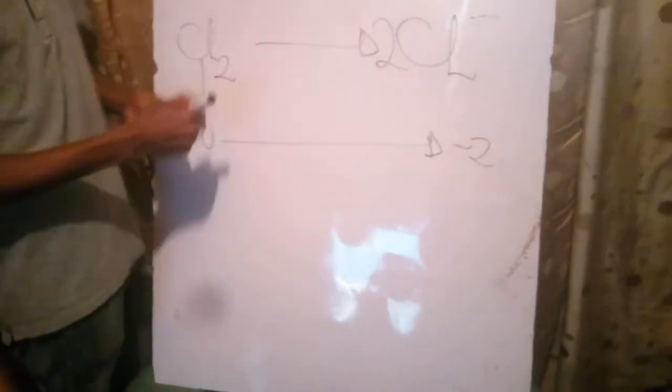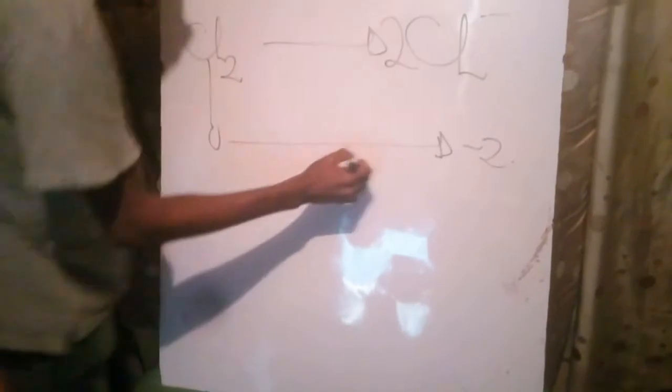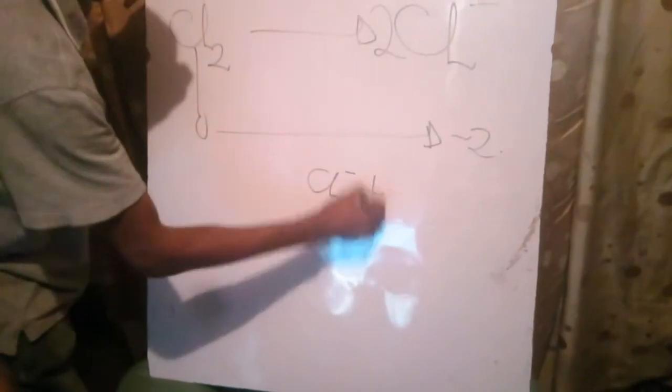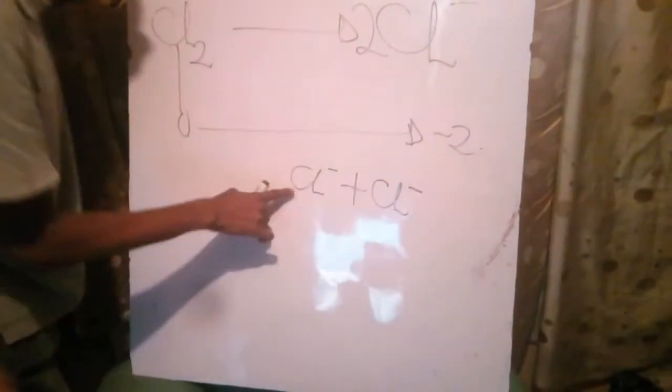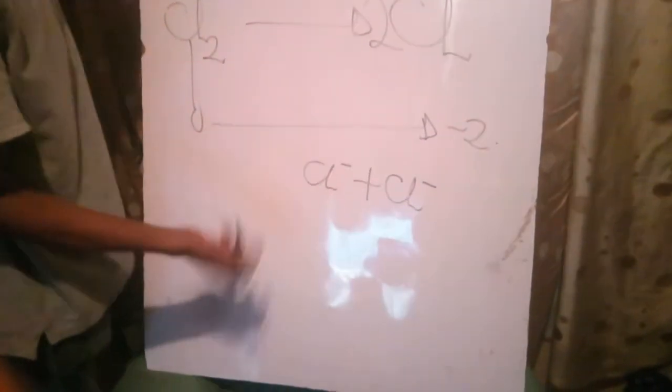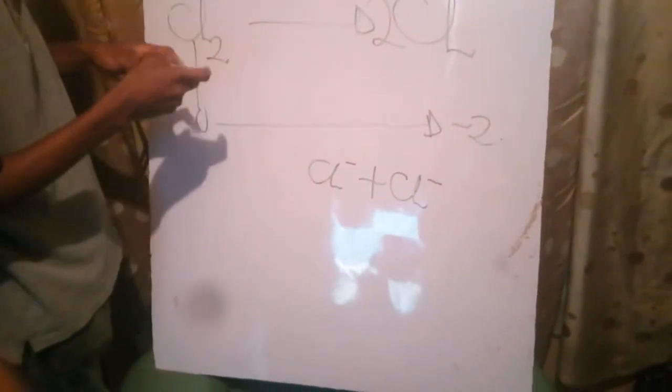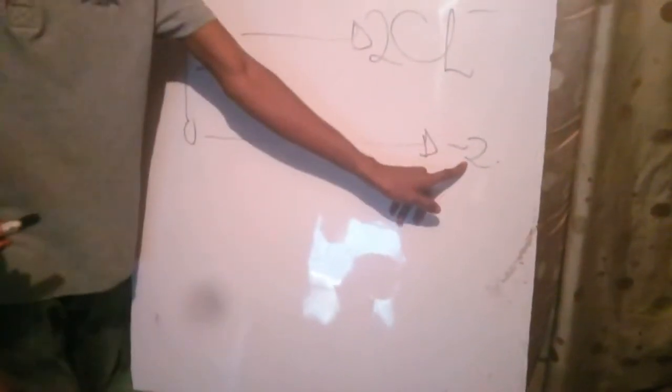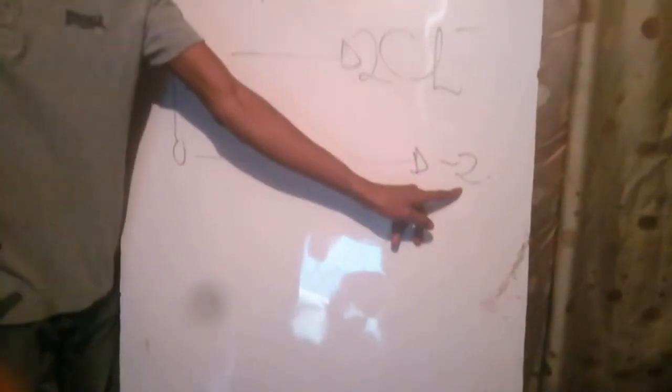2Cl minus is the same thing as Cl minus plus Cl minus. That's the meaning of 2Cl minus. And this -1 and -1 is a total of -2. Okay, that is from a mathematical standpoint. The oxidation number of chlorine here is 0. Here it has become -2.